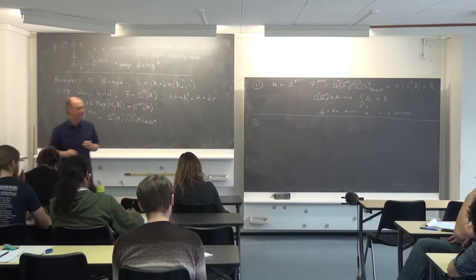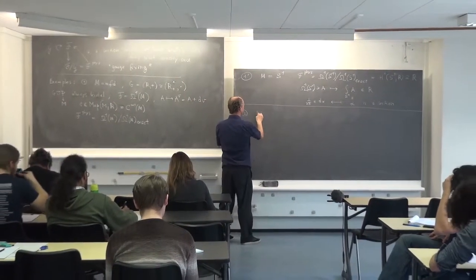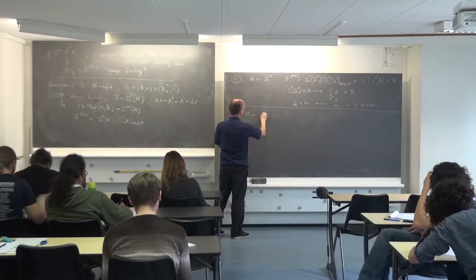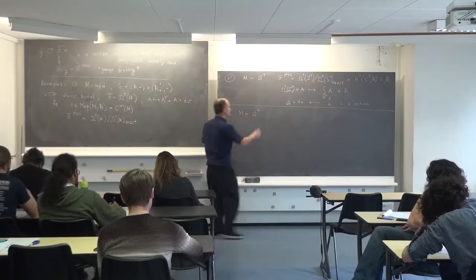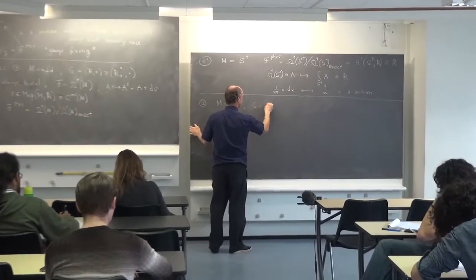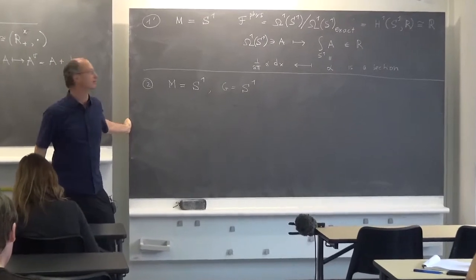Now let me look at another example which is very similar in nature but which gives different results. So let me take M to be S1 again and G to be also S1.